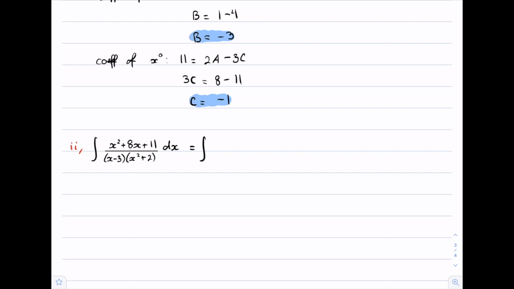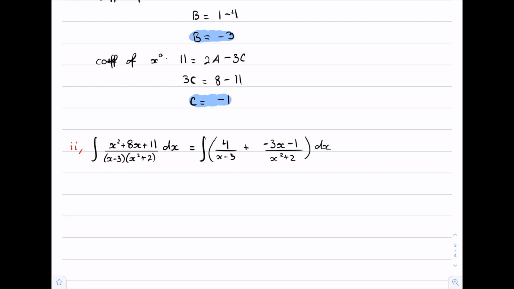So we want to write our integral as a over x minus 3. Now we said a was equal to 4, so this will be 4 over x minus 3, plus bx plus c over x squared plus 2. Now b was negative 3, so minus 3x, plus c is negative 1, divided by x squared plus 2 dx.